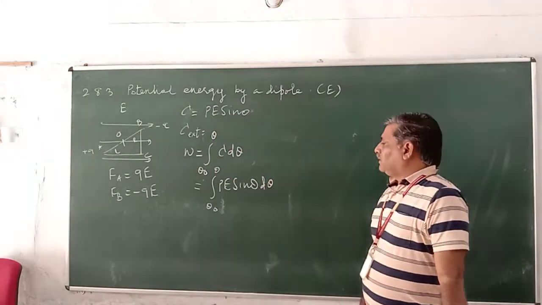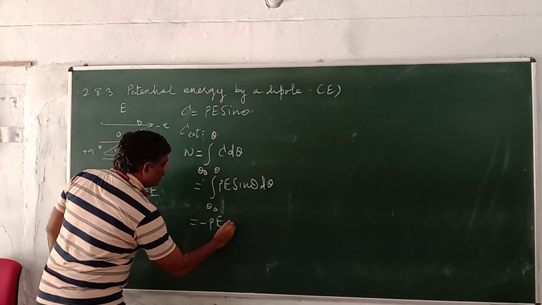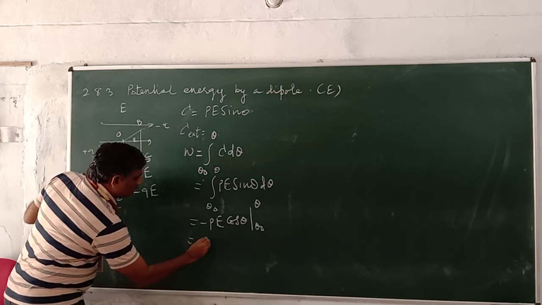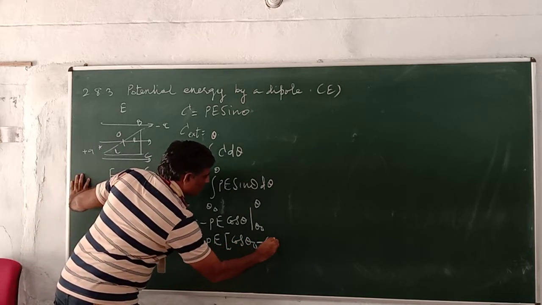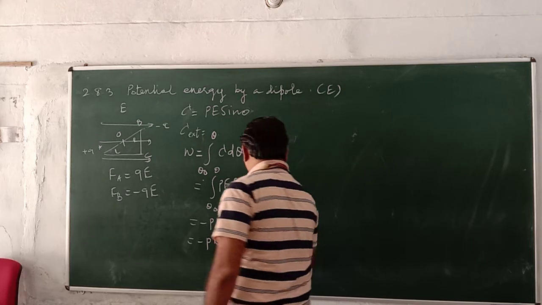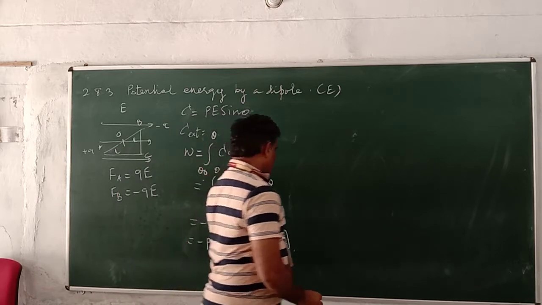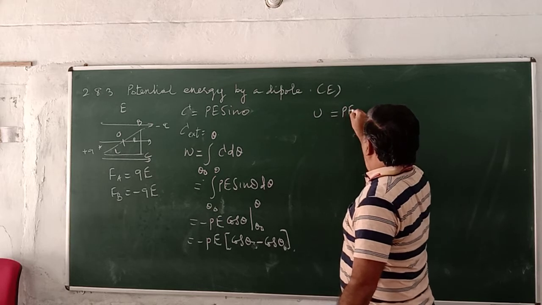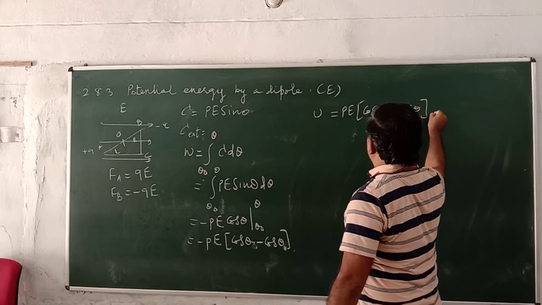So integration of this one comes as minus PE cos theta from theta 0 to theta, which is equal to minus PE in the bracket cos theta 0 minus cos theta. Theta 0 is the lower limit. This is stored as a potential energy.